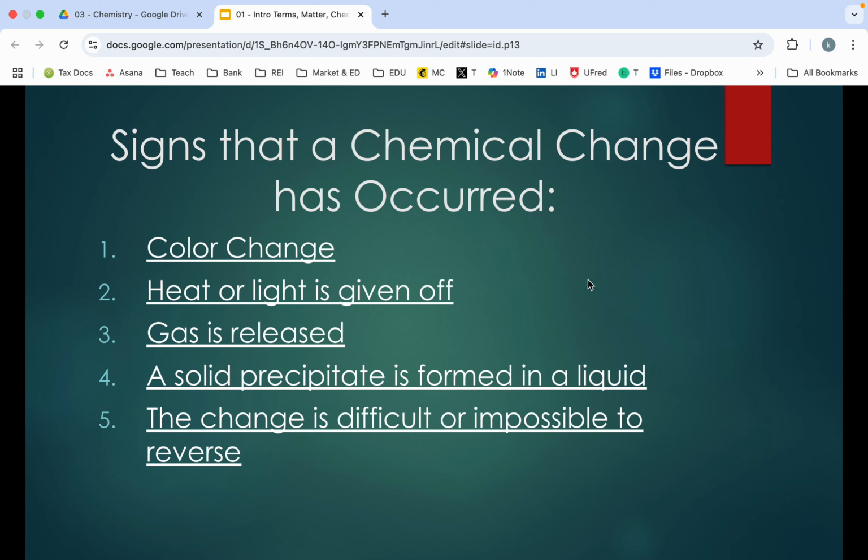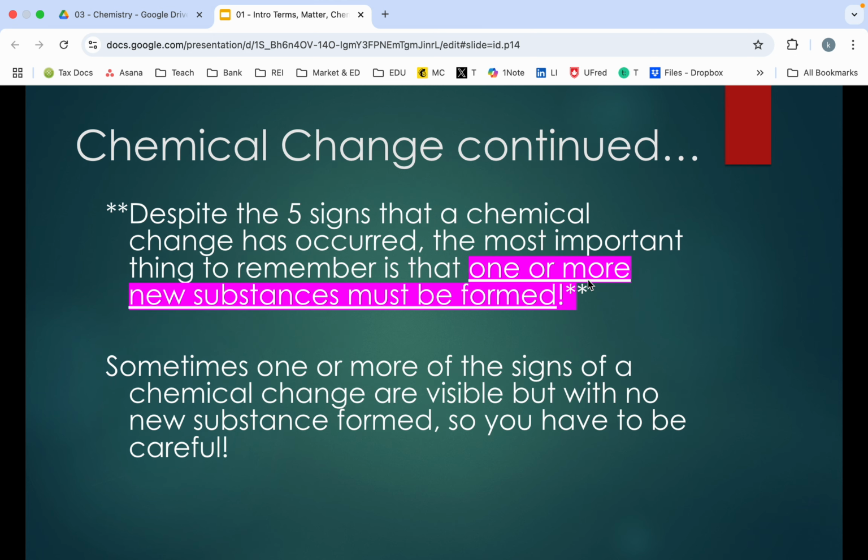Solid precipitate. Precipitate just means a solid. That's all it is. Those words mean the same thing. Is formed in a liquid, so we mix two liquids together, and all of a sudden one turns into, or we get little solids in the bottom of it. That is going to be a chemical reaction. And then the change is difficult or impossible to get back, to reverse. That's generally speaking going to be a chemical change.